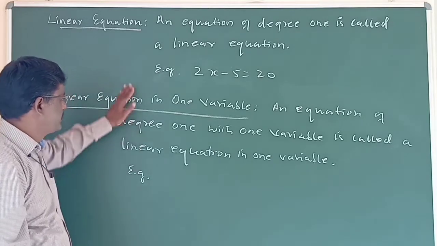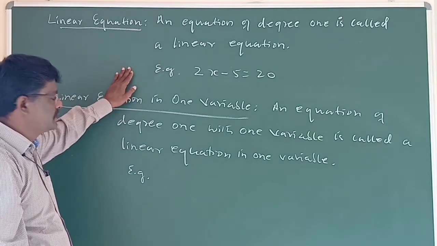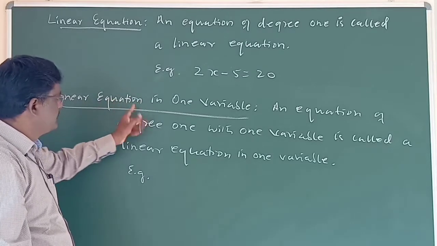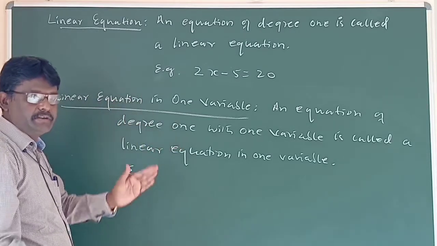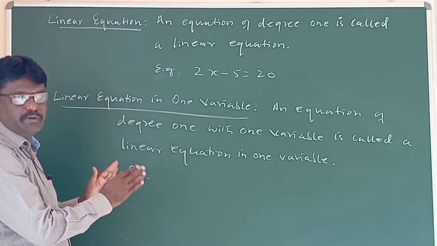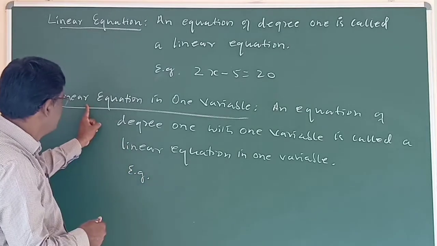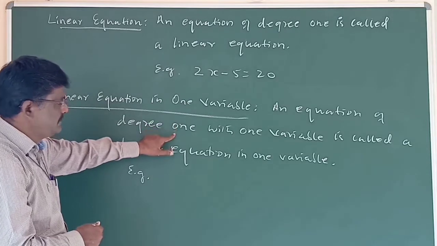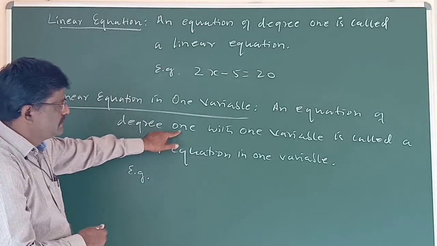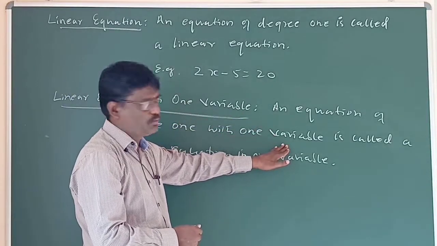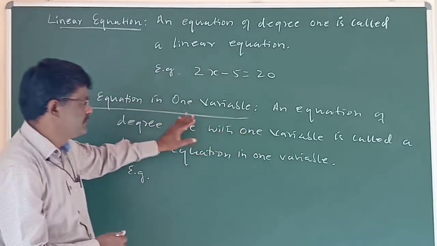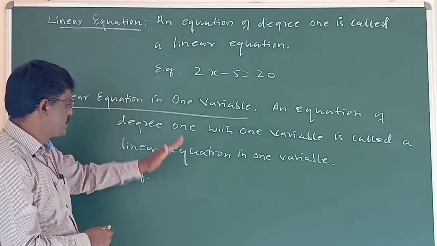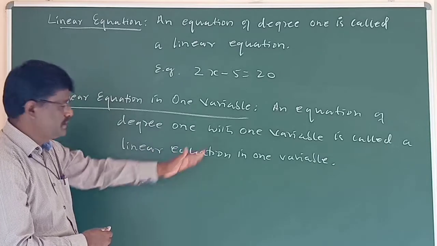Today's new topic is linear equation in one variable. Now we are very clear that the degree must be 1. An equation of degree 1 with one variable is called a linear equation in one variable.